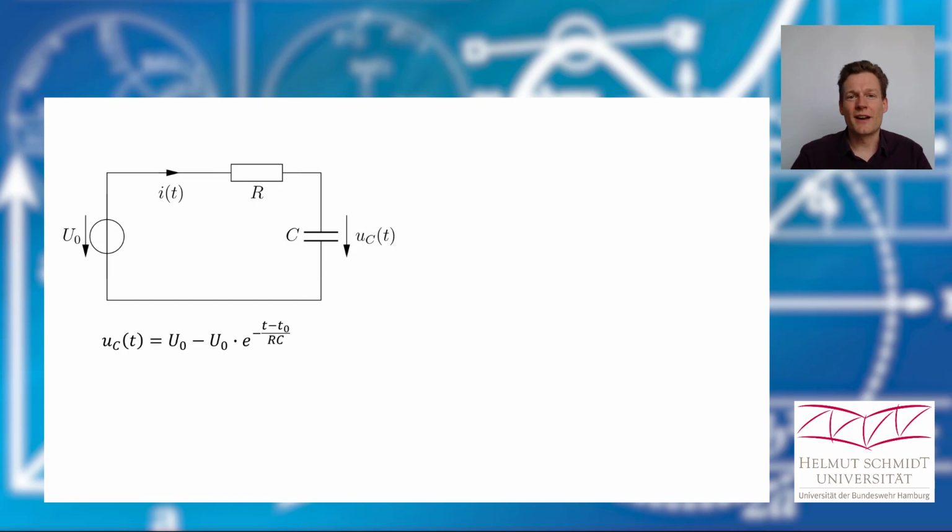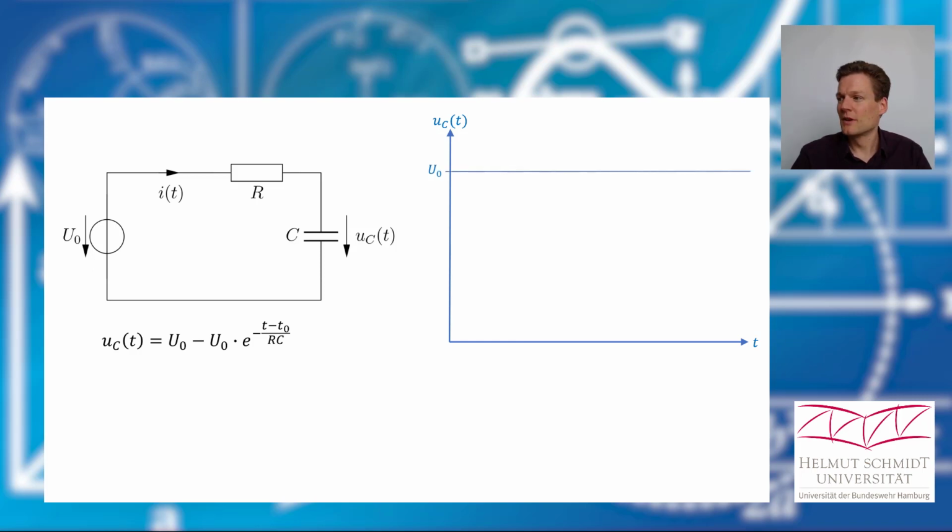Let's draw the function. So our x-axis is the time and the y-axis is the voltage drop at the capacitor. And we know that if we wait long enough, we will reach the voltage level U0. Okay, and at the moment t0 we close our switch.